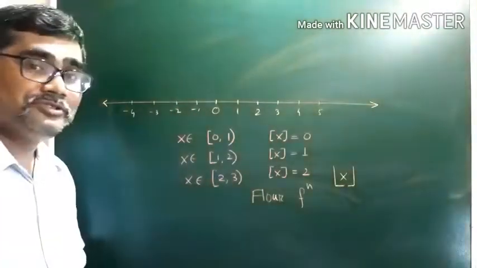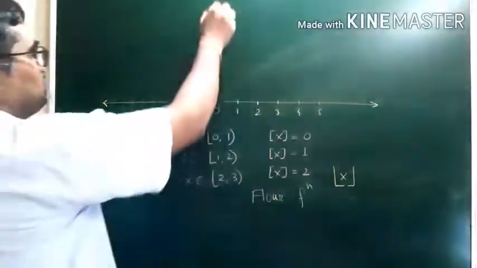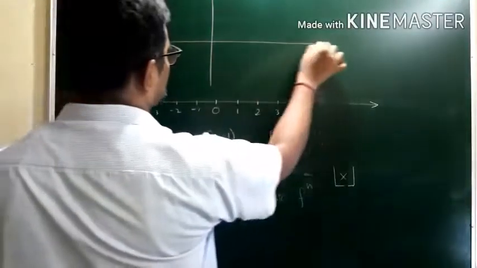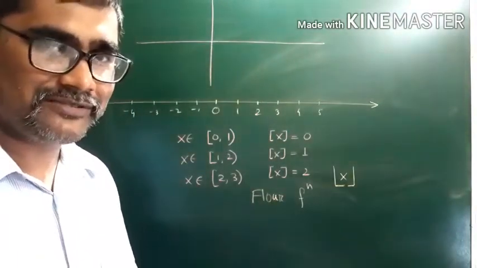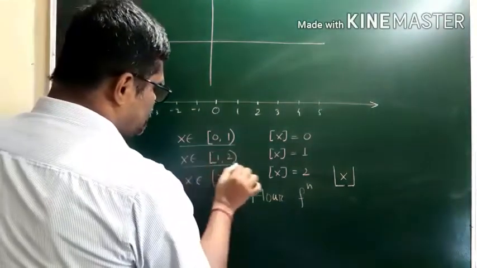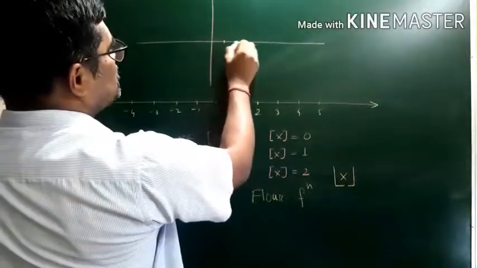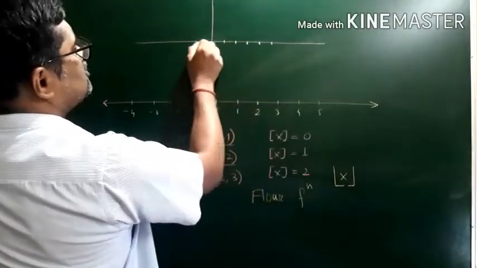So now we'll be drawing this in the graph. I'm drawing the graph here. It's a very nice graph, right? It's a very important as well as very nice looking graph. See, your intervals are unit intervals, so very precisely you have to divide the x-axis into unit intervals.